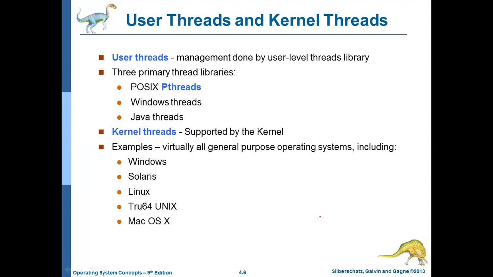What is listed here are examples of user level threads, and these are examples of kernel level threads. Virtually all general purpose operating systems, including Windows, Solaris, Linux, and Mac OS, have kernel threads. So these are the two different types of threads, user and kernel.